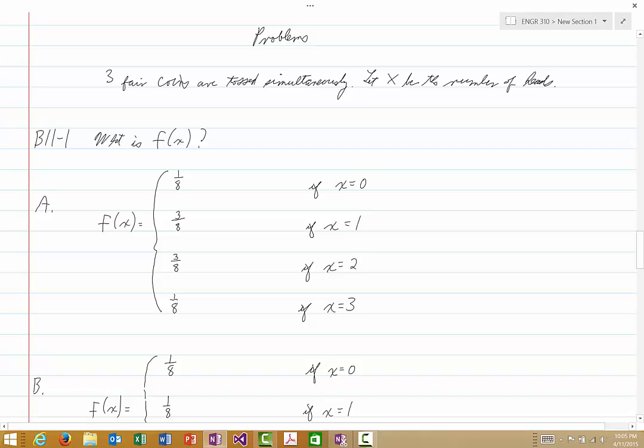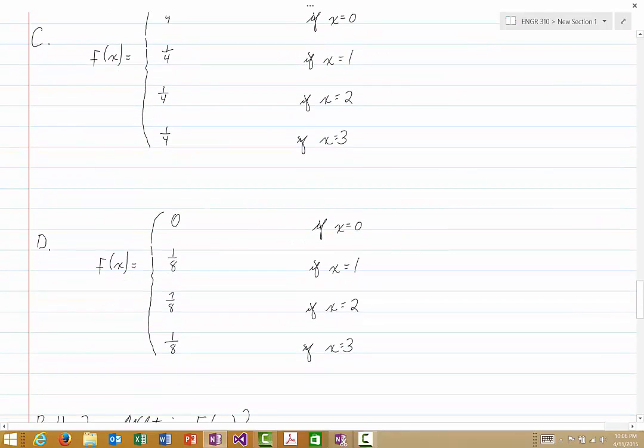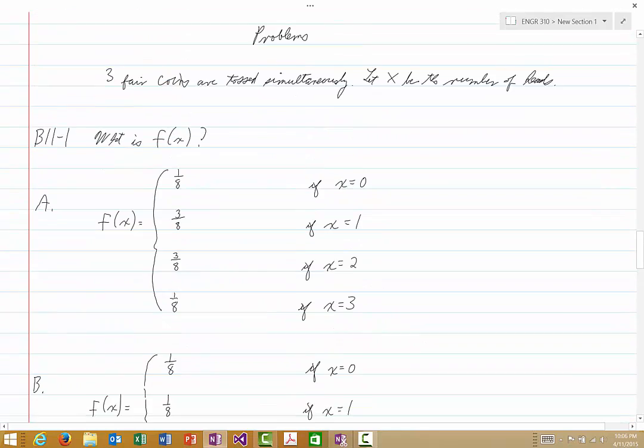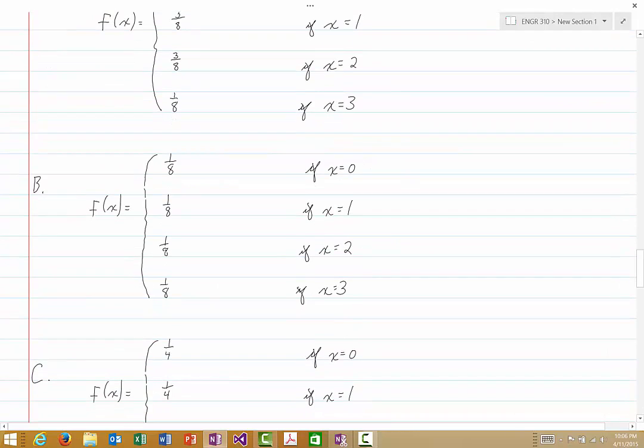And so in problem B11-1, you're asked to find little f of little x. And you can see the choices here: A, B, C, and D. And I believe everything is pretty clear there, but I'll read it quickly for you. A says f of little x equals 1/8 if x is equal to 0, 3/8 if x is equal to 1, 3/8 if x is equal to 2, and 1/8 if x is equal to 3.